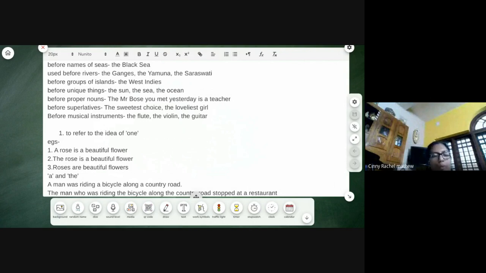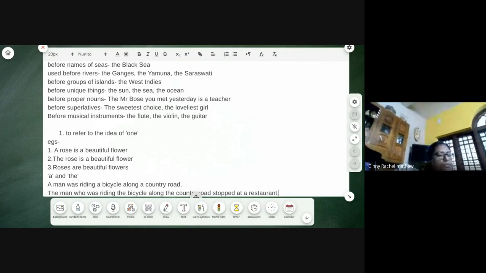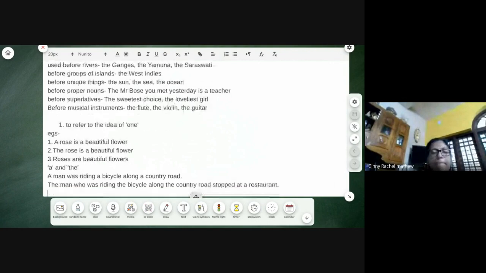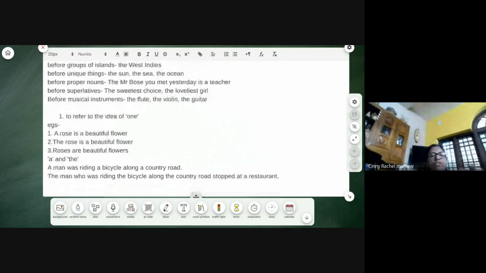We are talking about one man, and that man who was riding the bicycle along the country road stopped at a restaurant. So that is specifying this man. I hope this is clear. Specifying or referring to one particular man.